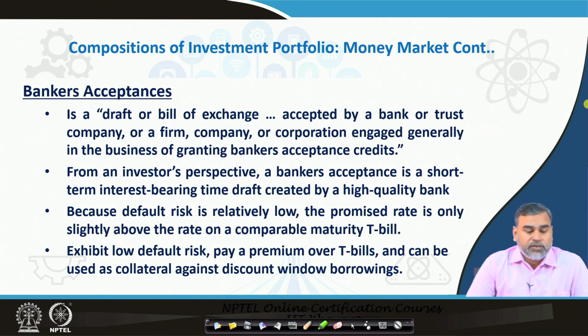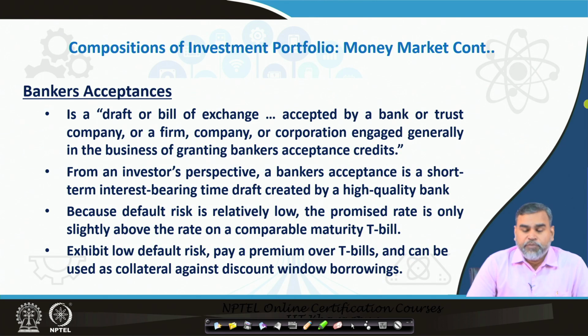So, if you see the banker's acceptance rate, the interest rate is a little bit higher than the T bill rate, because its risk of default is very low, while T bills we consider a risk free rate of return because there is no default risk. Still, the rate is low.